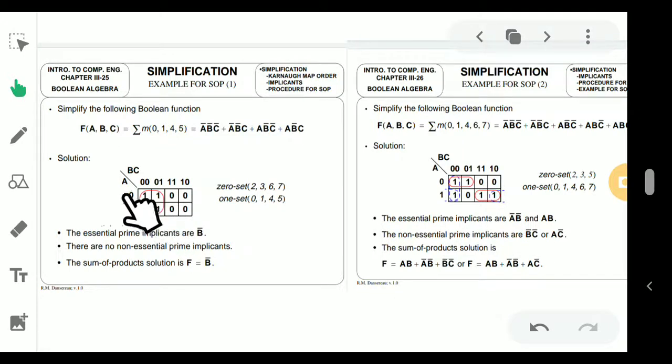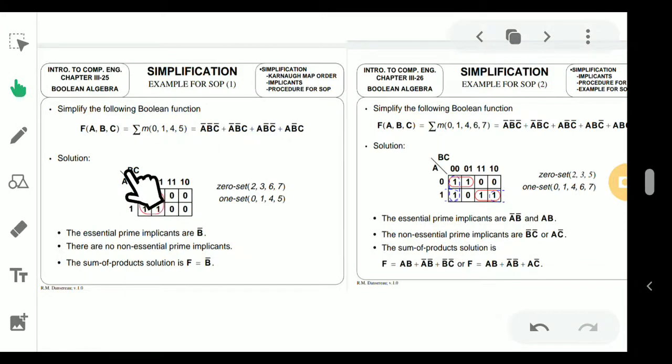See over here, the four ones are in an extremely good position, and we can combine all four in a single group. So we have combined them as a single step, and we are checking where there is a change. If you check over there, the essential prime implicant is b bar. Why is it b bar?